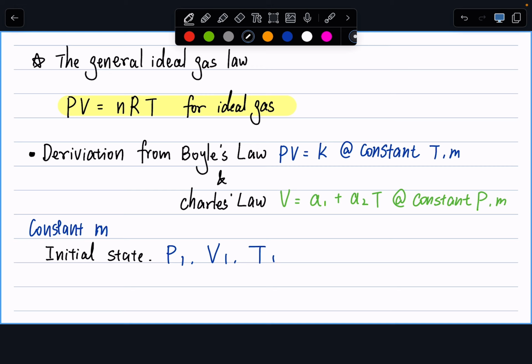So remember, in Boyle's law, we're saying constant temperature and constant mass. So we can use it first to have a step one.